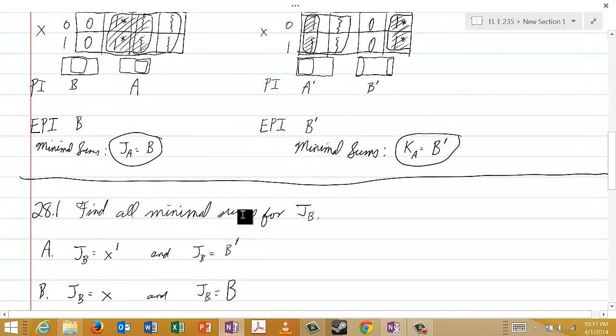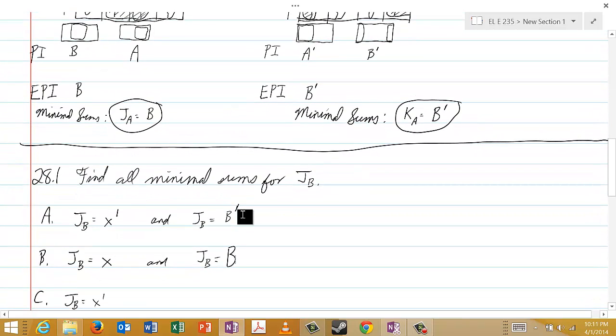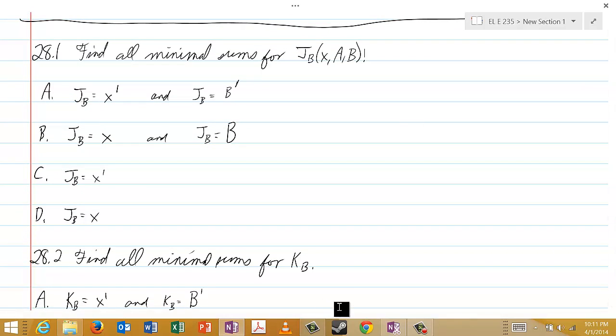You're supposed to find minimal sum expressions for JB. I'll go ahead and spell it out: JB of X, A, and B. And here KB of X, A, and B. You're supposed to find all minimal sums for both of those.